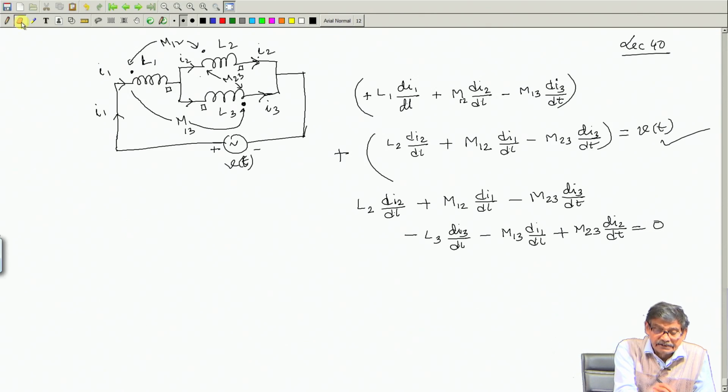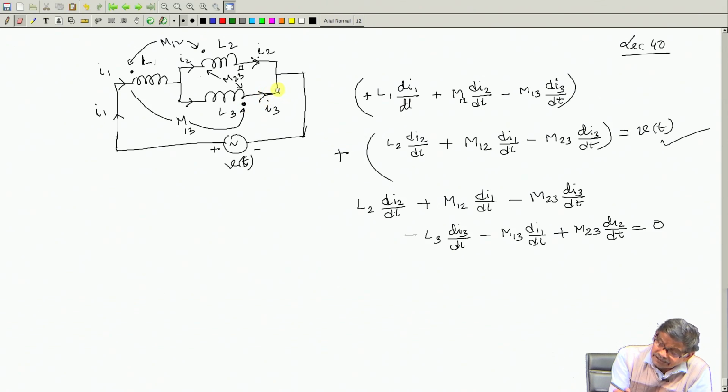For example, here the dot terminals were mentioned. What I am trying to tell? Here the dot terminal is mentioned, but I3 direction is leaving the dot. You imagine minus I3 is entering, that is the variable M13 dI1 dt, it will be plus.